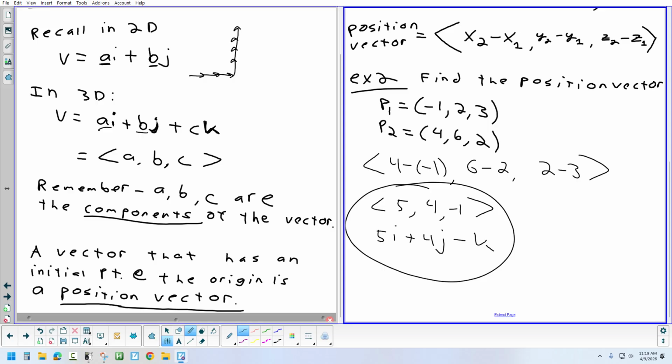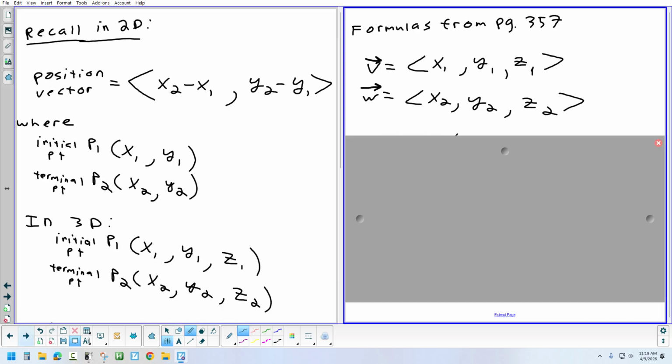So the next thing we did, that ended the first day of notes. Position vector in 2D is where we stopped. The next day we looked at how to add, subtract, multiply, and scale vectors, all with formulas. Okay, no sketching.